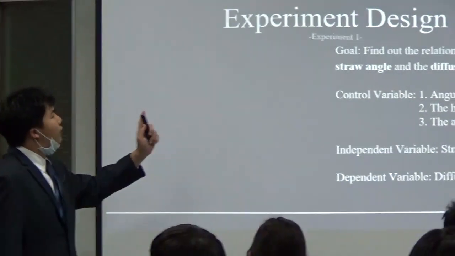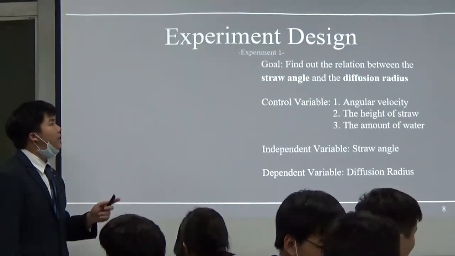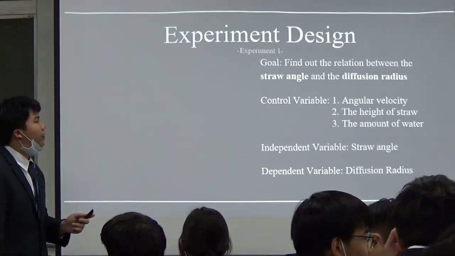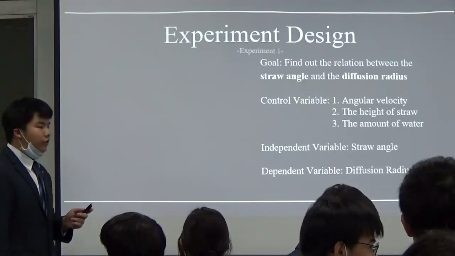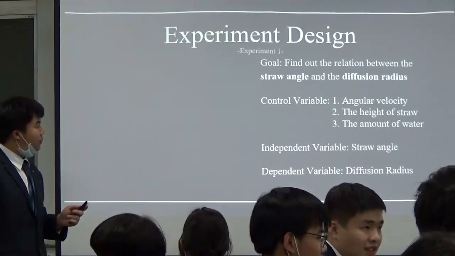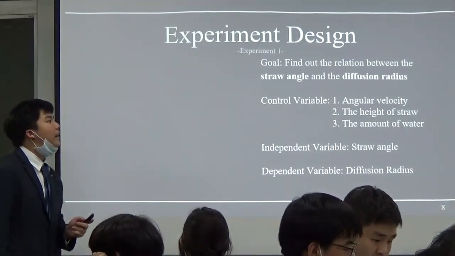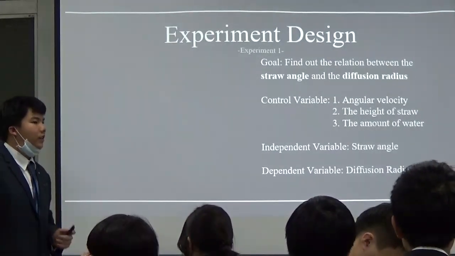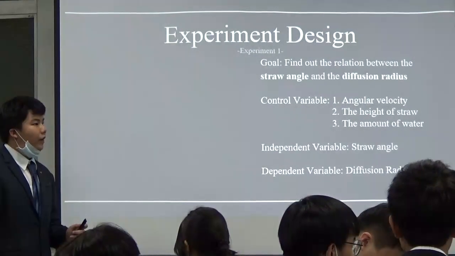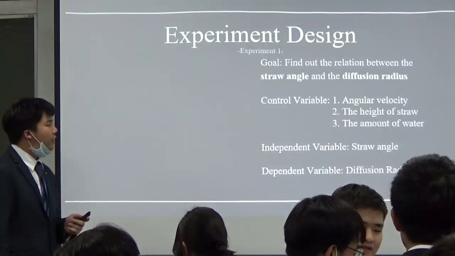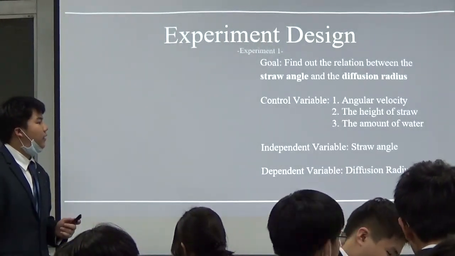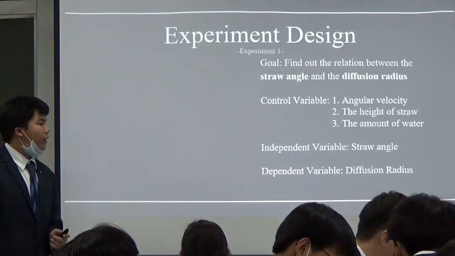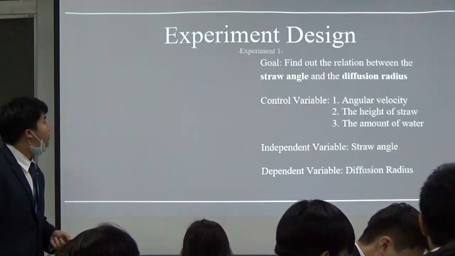And this is our first experiment. The goal is to find out the relation between the straw angle and the diffusion radius. The control variables of our experiment are the angular velocity, the height of the straw, and the amount of water, which is 1 liter. The independent variable is the straw angle, and the dependent variable is the diffusion radius.